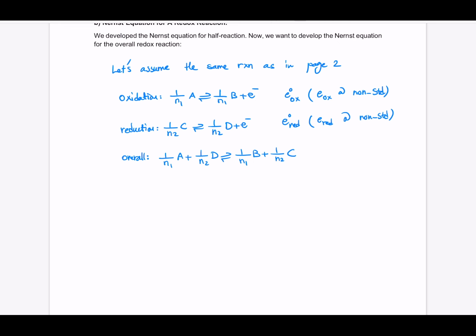So for this reaction, what we showed was that PE0, so this would be basically E0 of reaction, or E of reaction at non-standard.